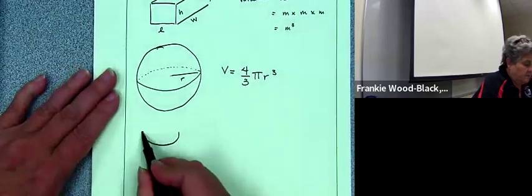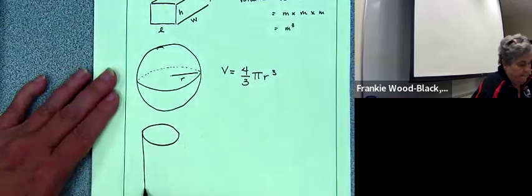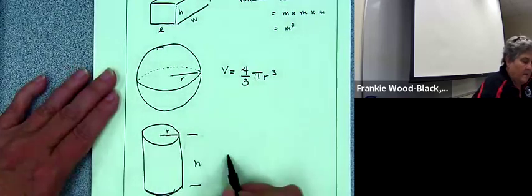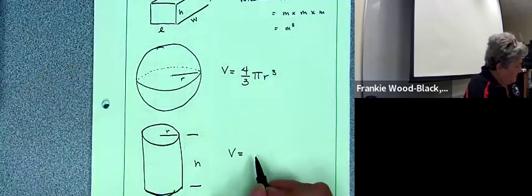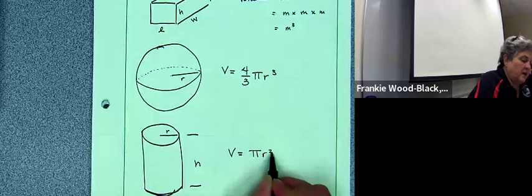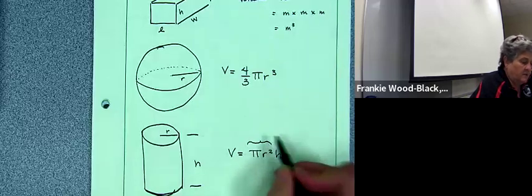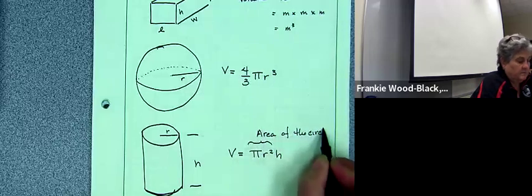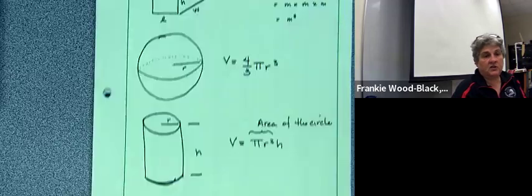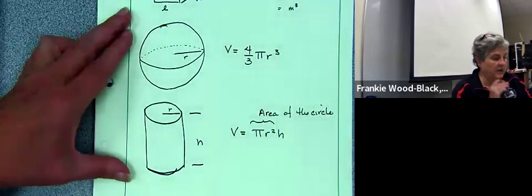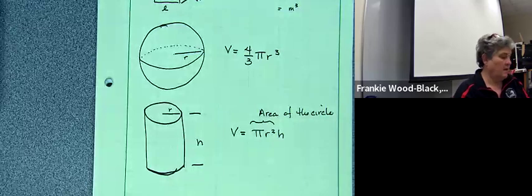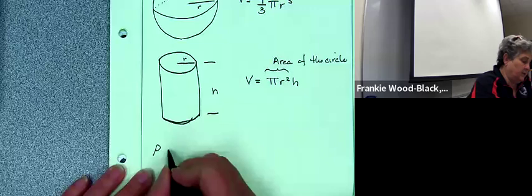If I have a cylinder, the volume is going to equal pi r squared h, where pi r squared is the area of the circle, times the height. There are other common structures that we use, and if you're calculating densities, you can use those. So those are common. Density is also going to be related to specific gravity.